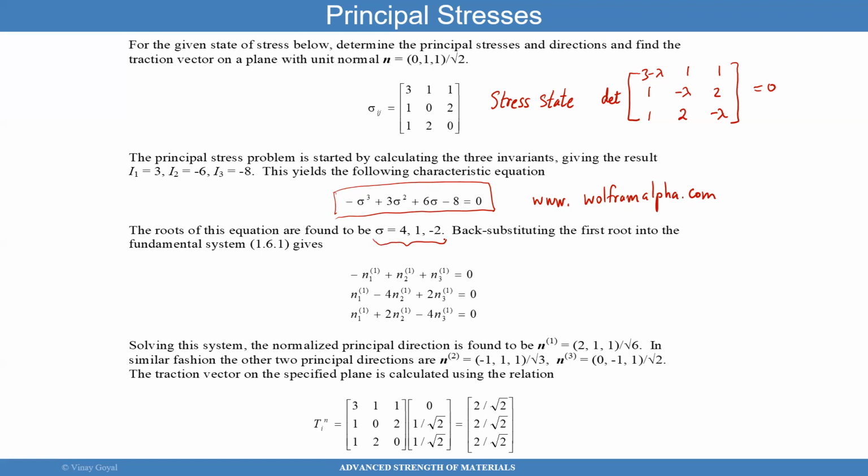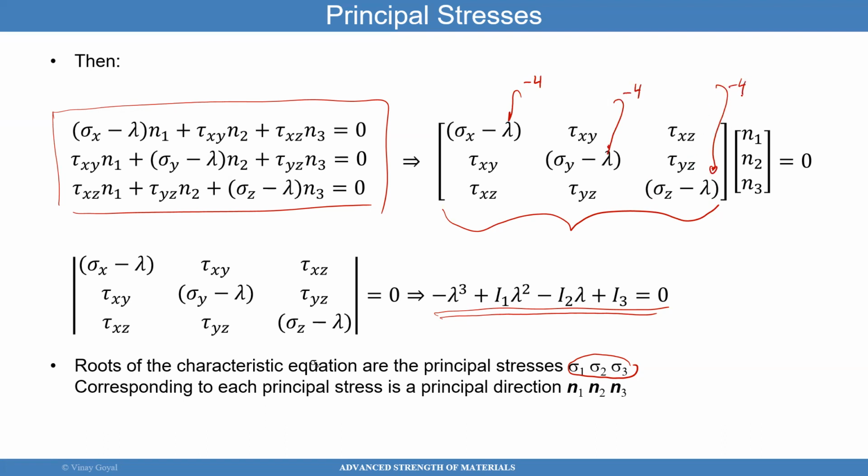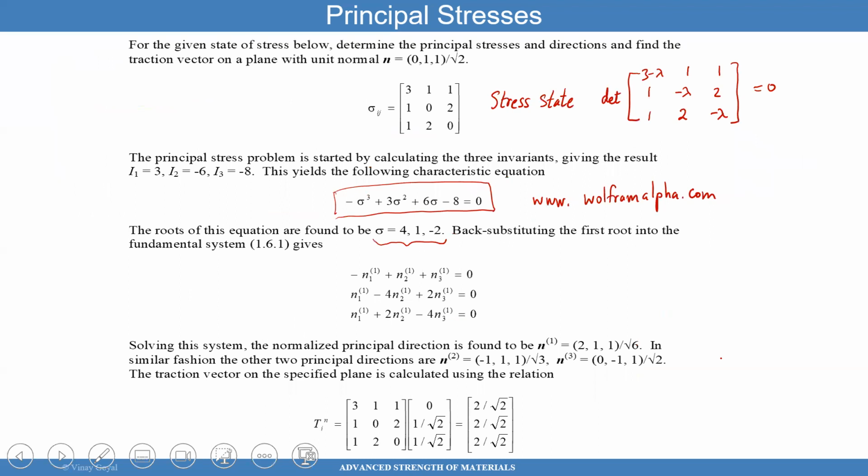You can then take each of the roots of the equation and back substitute it into the fundamental system we talked about. So for example, I have lambda equals 4. Then I'll go into this equation here and plug in 4 here. When I do that, I'll get these 3 equations: 1, 2, and 3. And that will make sense.